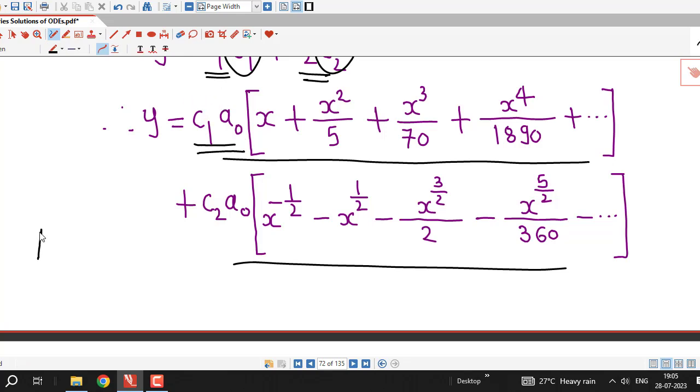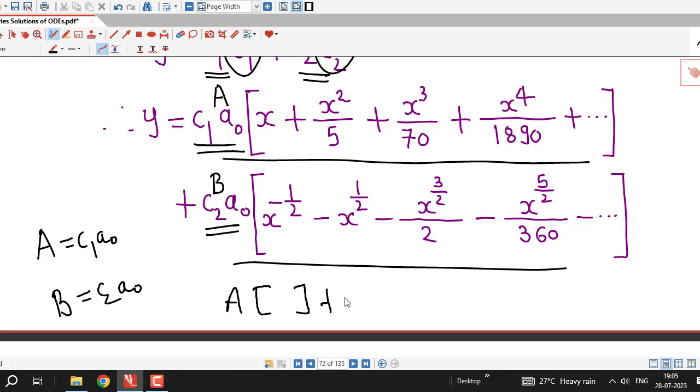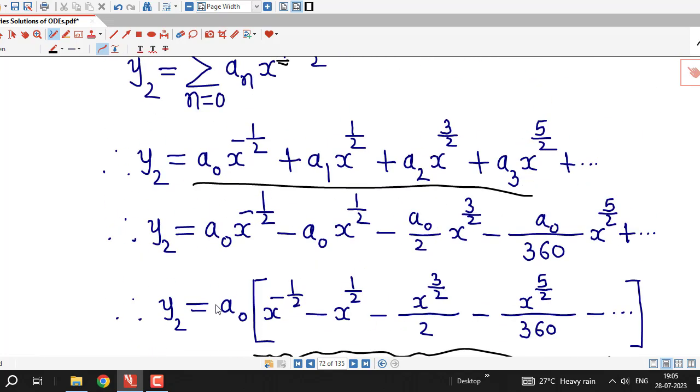You can put c1 a0 equal to say capital A, c2 a0 equal to say capital B, and you will have A y1 plus B y2, and this is the general solution of the given differential equation.